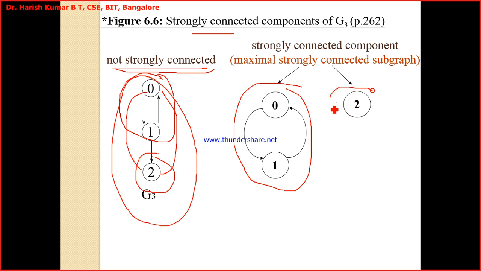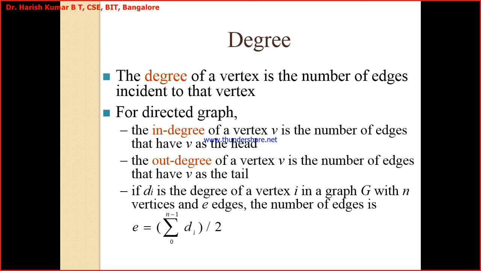And 2 is again a maximal strongly connected subgraph, because it doesn't have any edges. Now, people understood? Hello? Yes, sir. Okay.